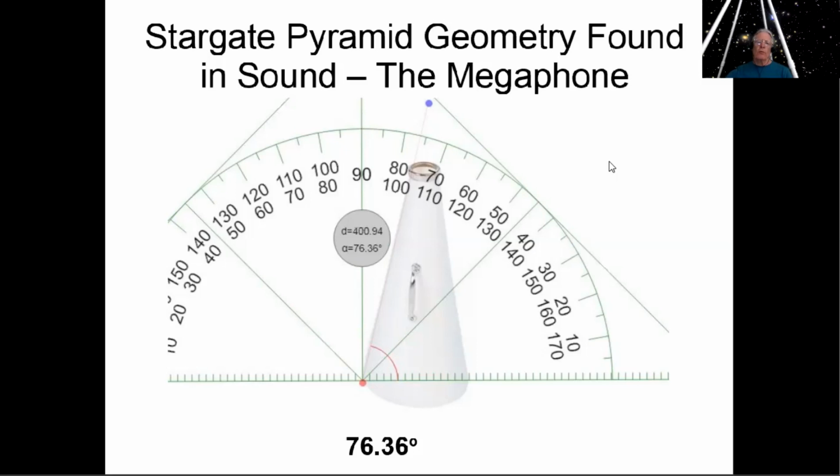So we find here two examples of this geometry, this scaling geometry, as we look at light and its refraction, and also in the context of sound with the megaphones. So two examples of geometry as part of the scaling process.